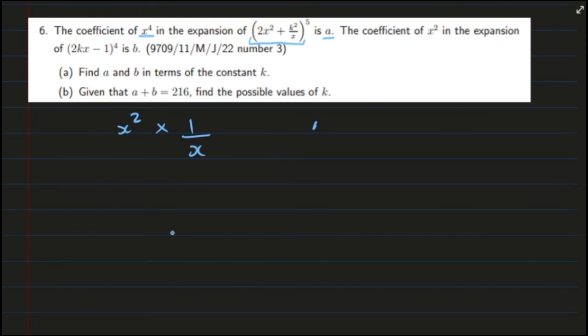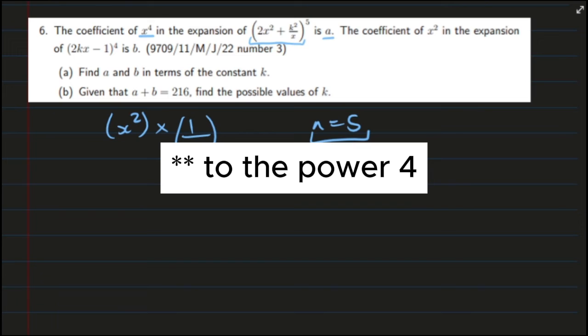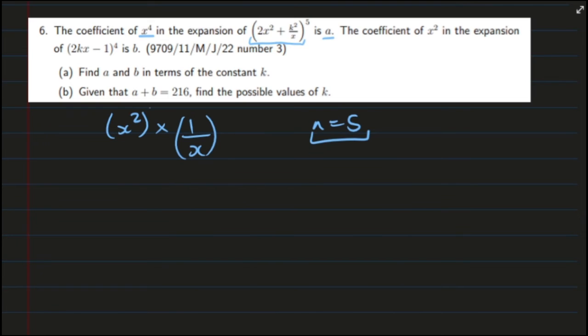Our value for n is 5. So we want two powers that will add up to 5 that we can use on these two expressions in such a way that when we simplify them we end up with x to the power 4. I don't know if that makes sense, but if we use 3 and 2, 3 plus 2 adds up to 5.